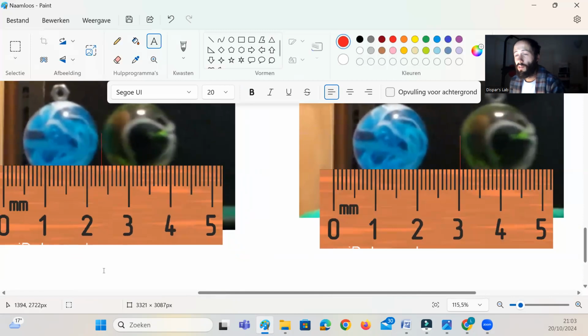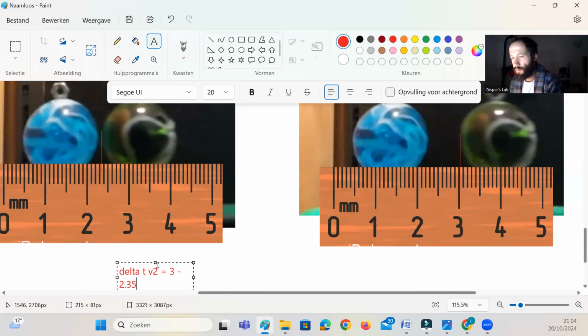So for the second marble, the delta distance, the distance for the marble that lifts off after collision, we have 3 centimeters minus 2.35, which equals 0.65.